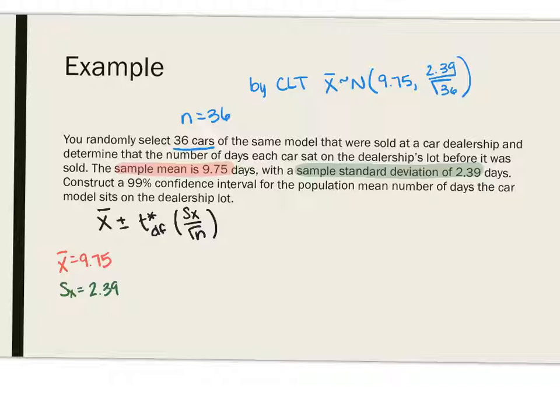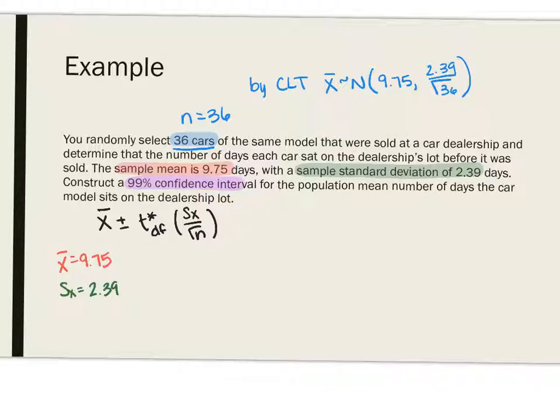We also found that n was 36. The only other thing we need is t star. We calculate t star based off degrees of freedom and the confidence level, and our confidence level is 99%. So let's calculate the 99% confidence t star.